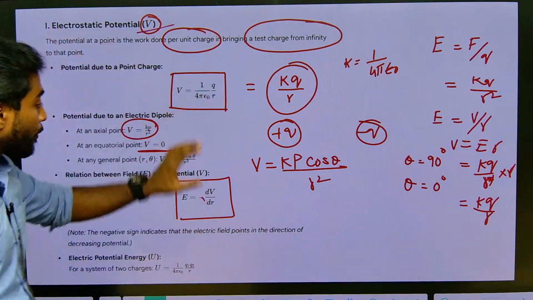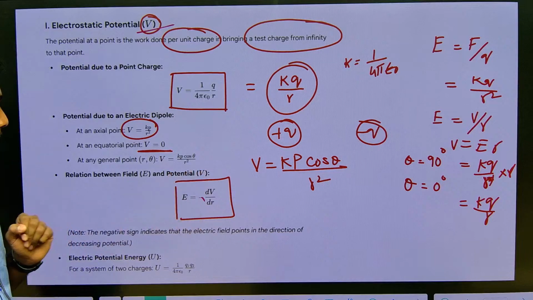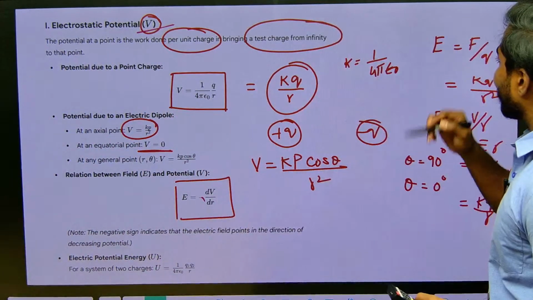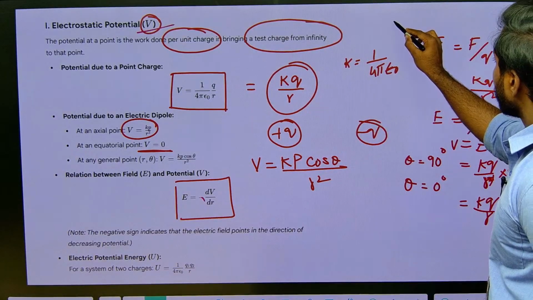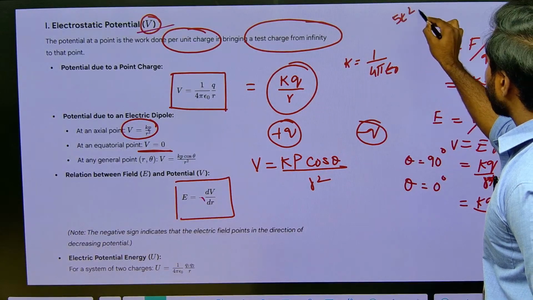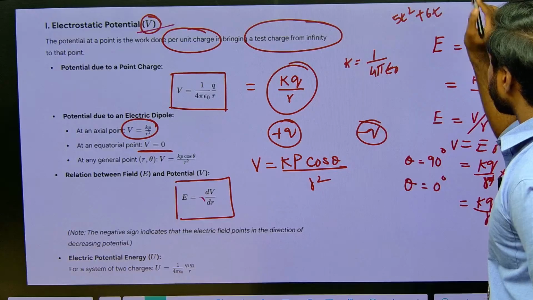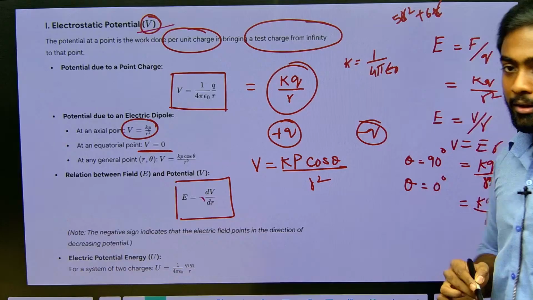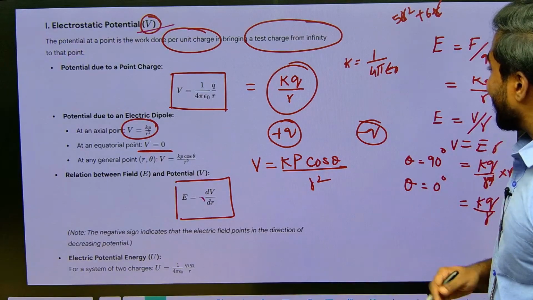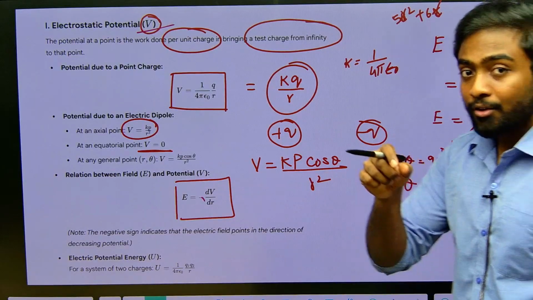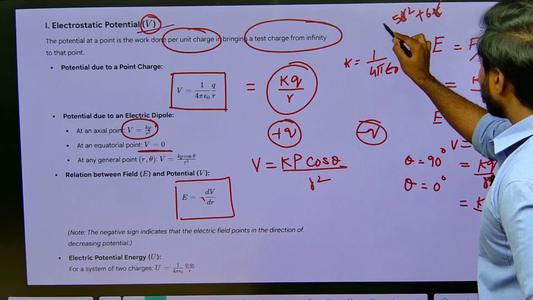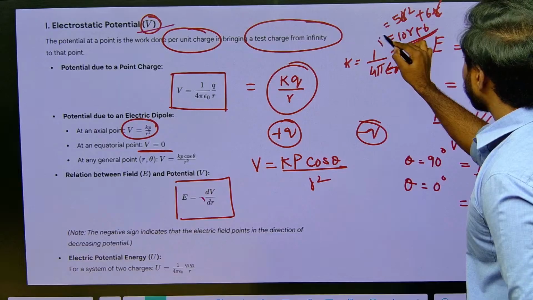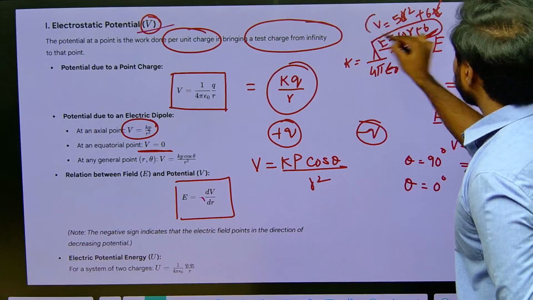When using this kind of formula, suppose the equation is given, for example 5r square plus 6r, and they are asking for the electric field. If I differentiate this, I get 10r plus 6, so this is my electric field and that was my potential.